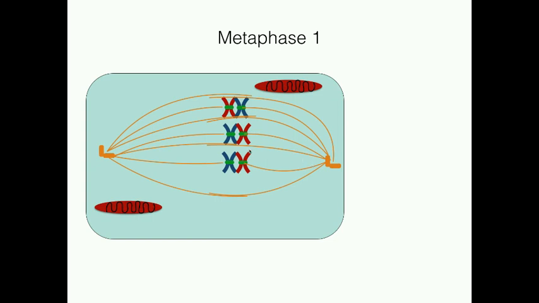In metaphase 1, the internal organelles, the nucleus, endoplasmic reticulum, and stuff like that have all been dissolved and packed away, and we can see that the chromosomes line up 2 by 2 down the midplate, and the spindle apparatus, each spindle is going to grab onto one of the homologous chromosomes.